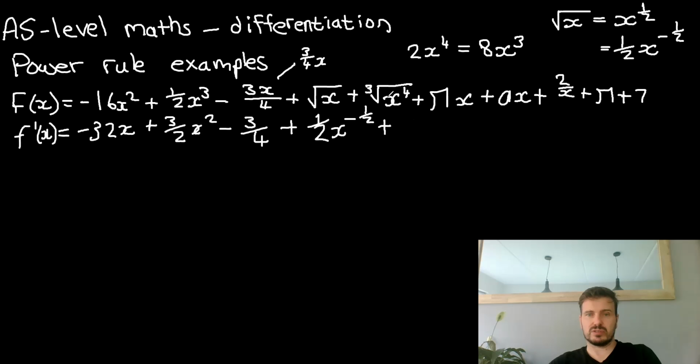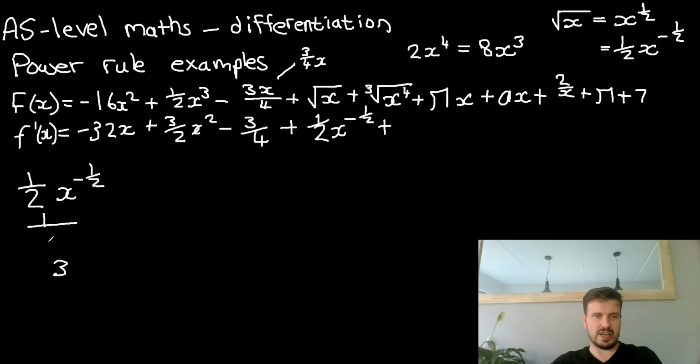Actually, I'm going to do this exponent because you're probably wondering what happens. The x to the minus a half, remember that when you have a negative exponent, it can go to the bottom and become positive.